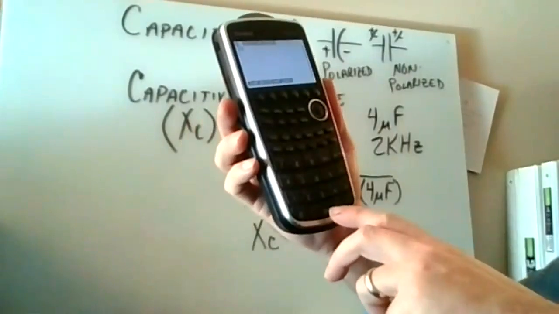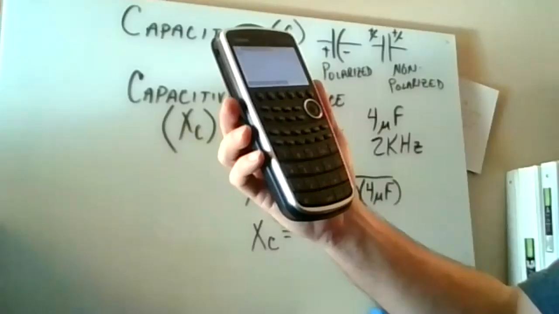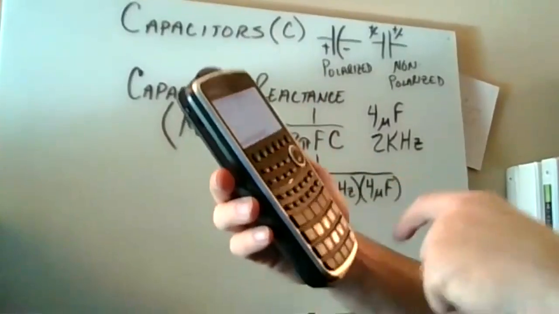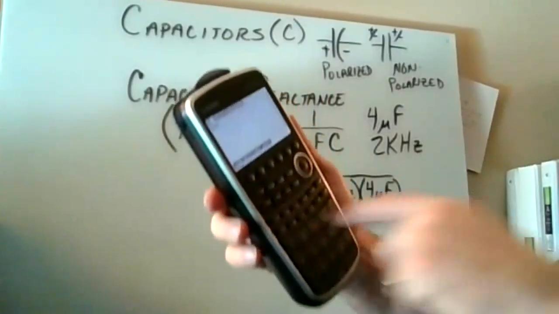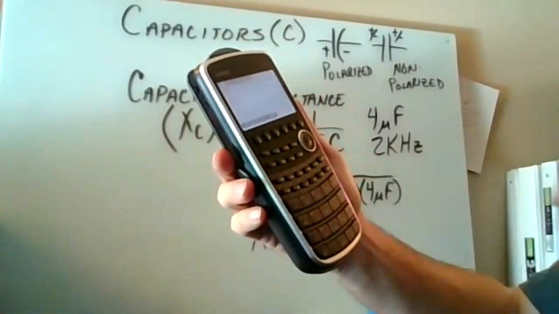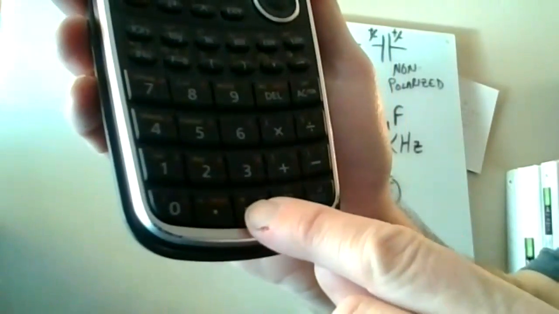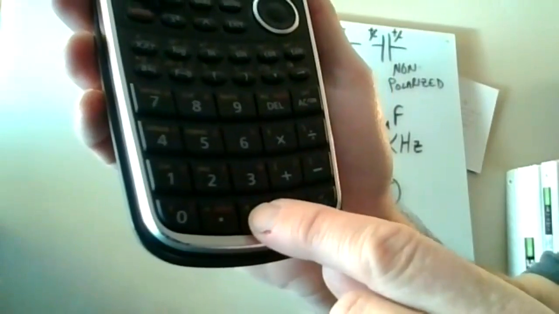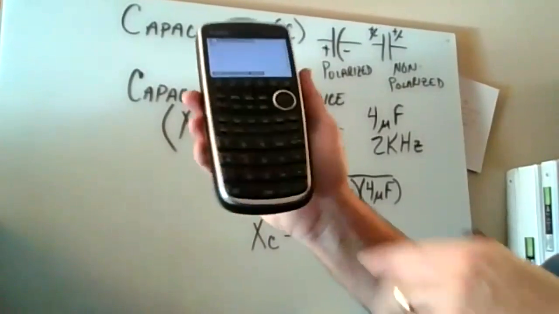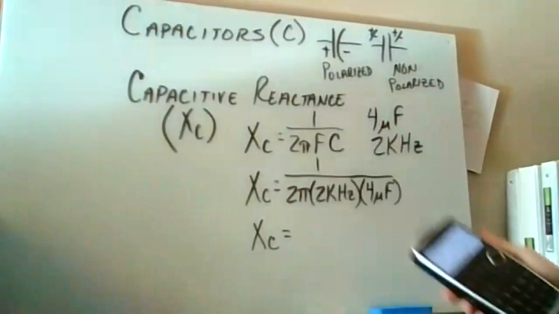It should be in the same color as your shift key. Mine is gold, so the pi is in gold, so I know I have to hit shift EXP. I have an EXE button instead. Oh, you've got the EXE button over here. There you go.